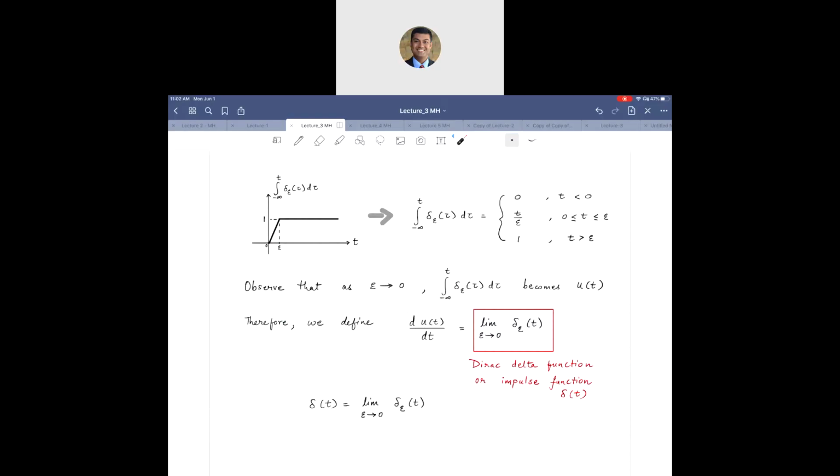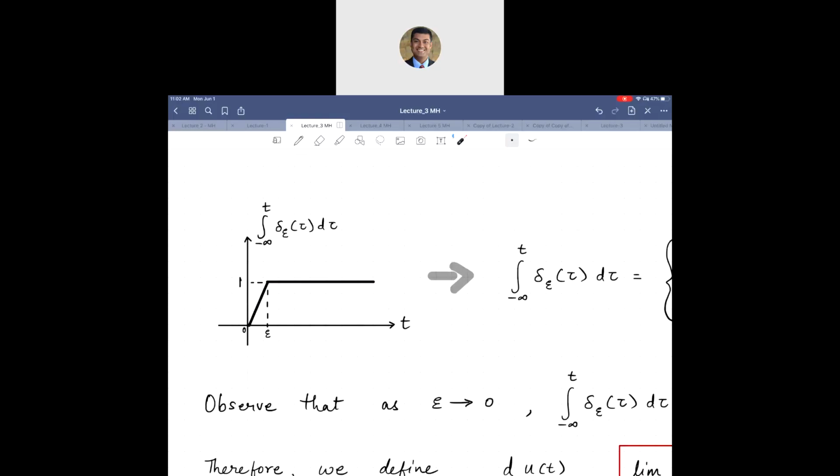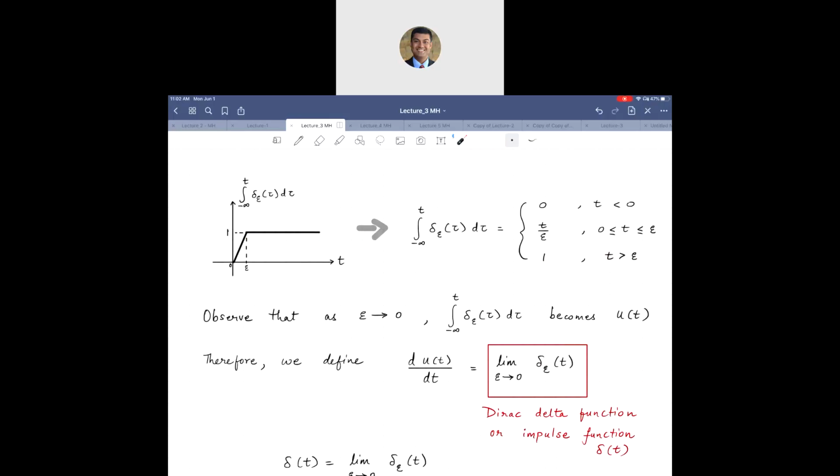When you integrate delta sub epsilon of t from negative infinity to time t, it should be 0 and then increase linearly to 1 and stay at 1. We can now express that integration in bracket notation: 0 for time less than 0, t over epsilon between 0 and epsilon, and 1 when t is greater than epsilon. You're absolutely correct, Alan.